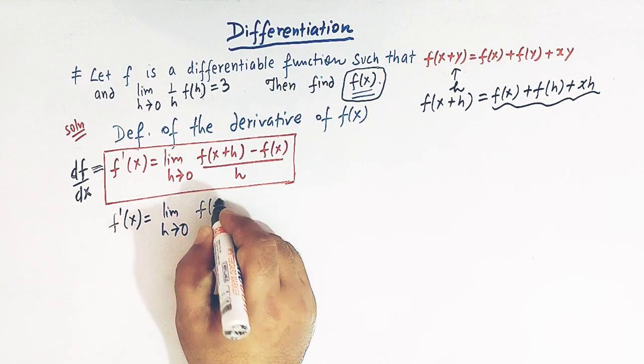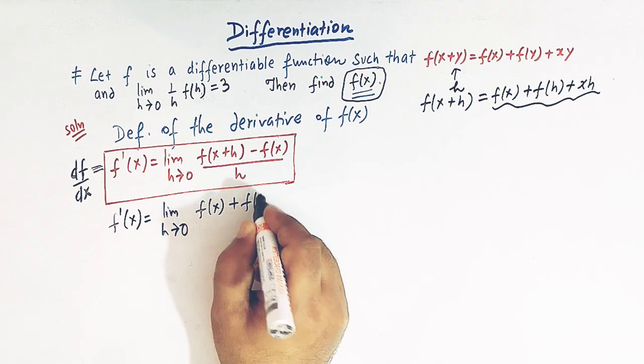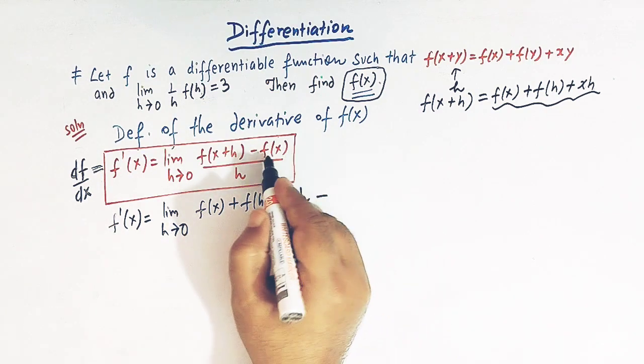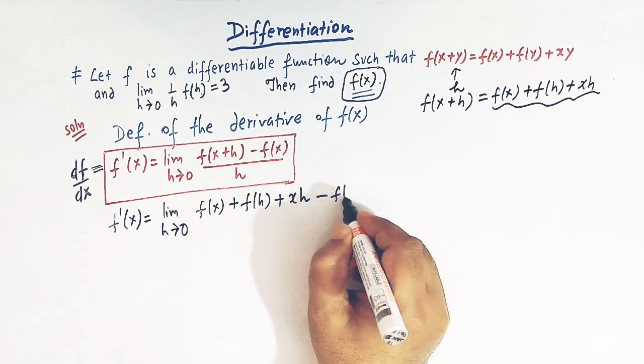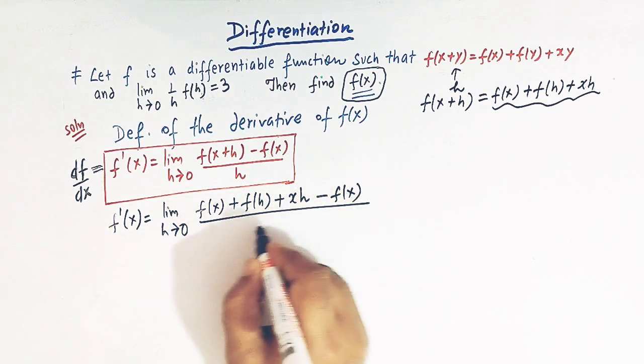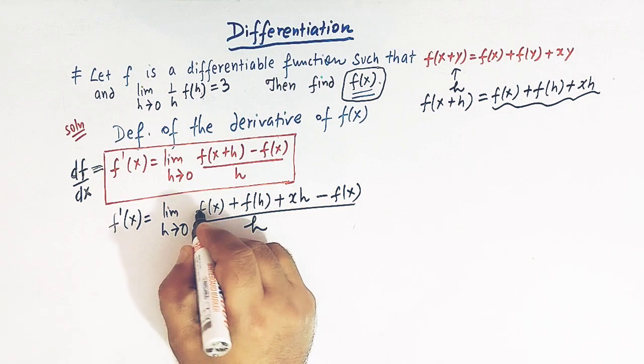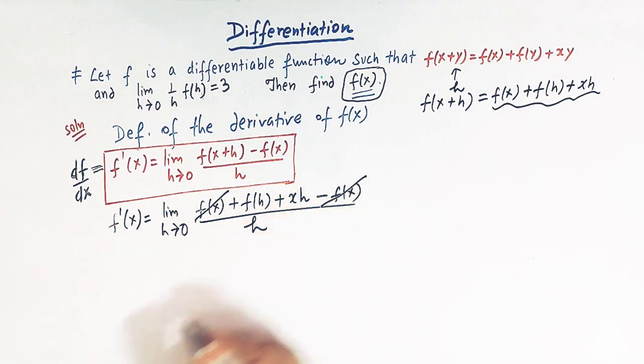So here we have f of x plus f of h plus xh minus f of x, and we divide it by h. Now f of x and f of x get cancelled.